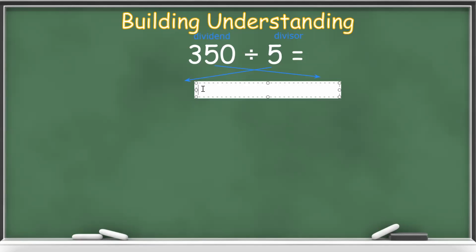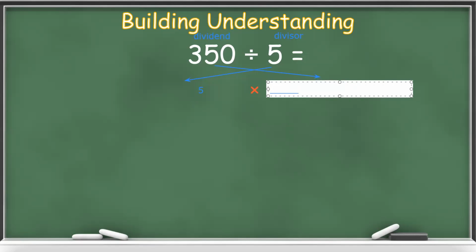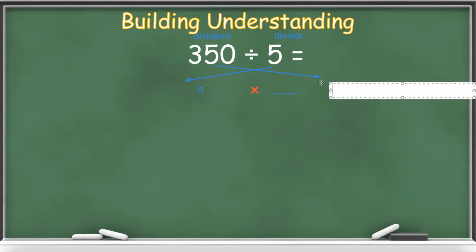So it is 5 times blank, because we don't know what that is, equals 350. All right, so we've turned our problem into a multiplication problem.